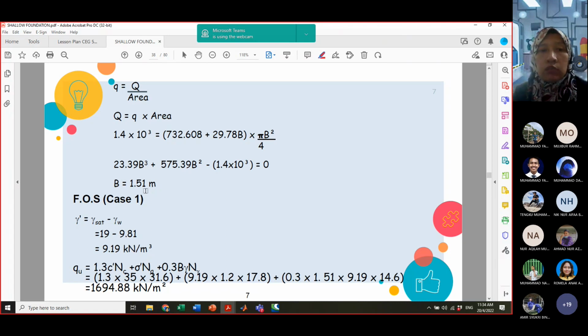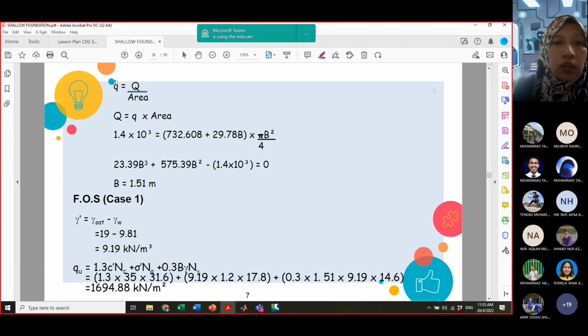So kita dah tahu Q tu tadi berapa. Kemudian kita dah tahu the area of the circular can be calculated dengan pi B square over 4. Nah, ini sekarang ni Q ni adalah intensity column design. Q sama dengan q times dengan area. So this is exactly what we have from the example 1, yang mana kita nak dapatkan design load tu.